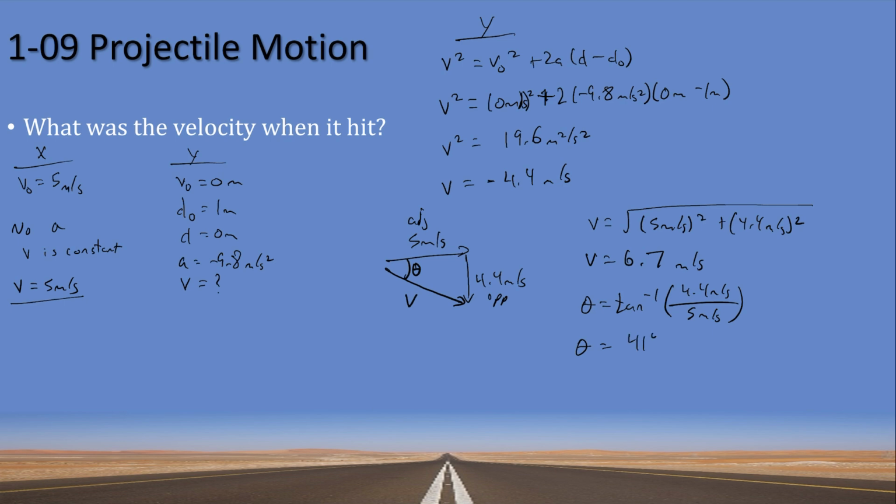Which is about 41 degrees. So I have 6.7 meters per second at 41 degrees below the horizontal.